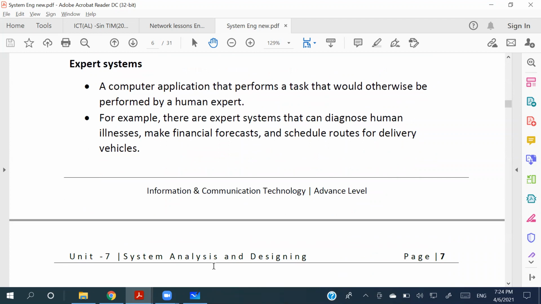Expert system. Now we are going to talk about the expert system in the 13th lesson as well, but here I'll tell you what is an expert system. Expert system means a system which is created to replace or to act as a human expert. If you take a medical professional like a cardiologist, we can create an expert system to treat the patient as a cardiologist, right?